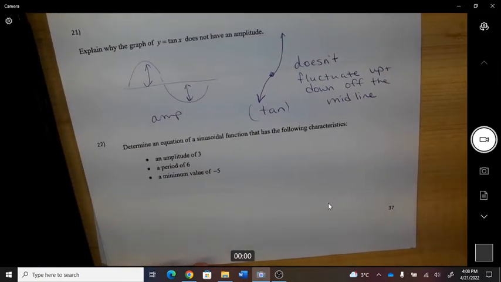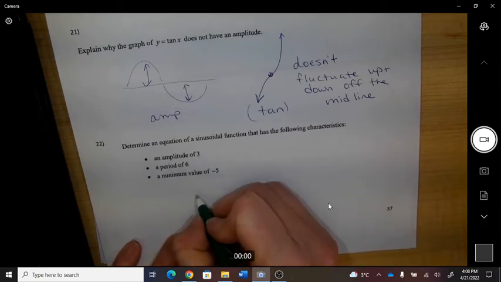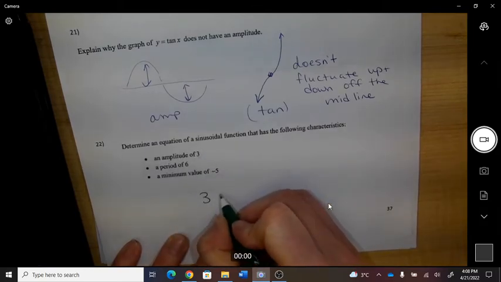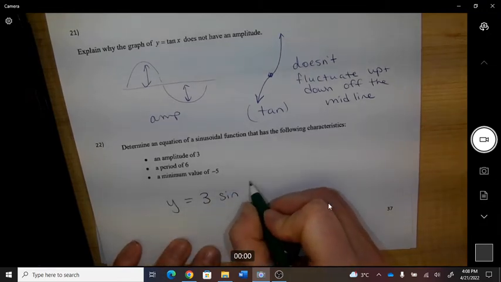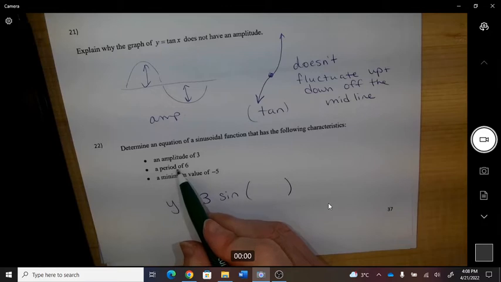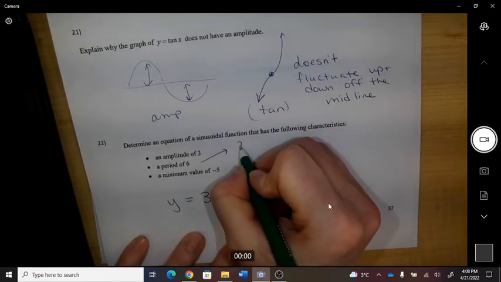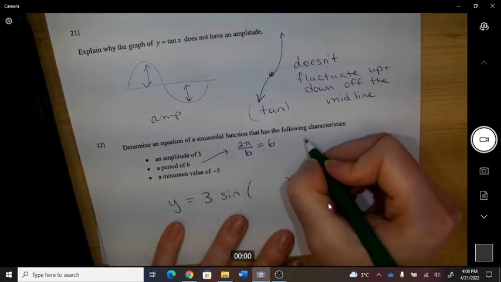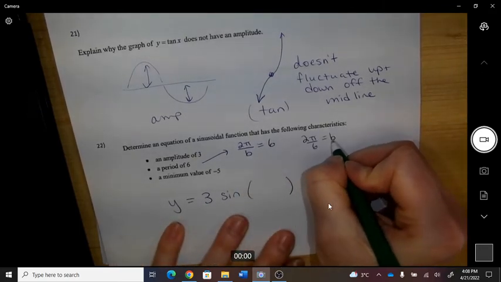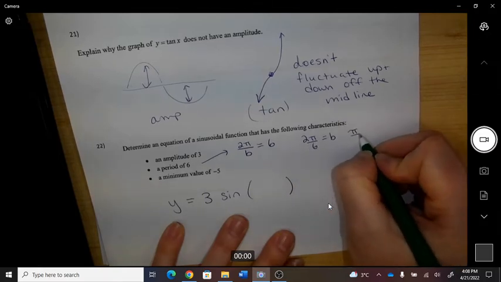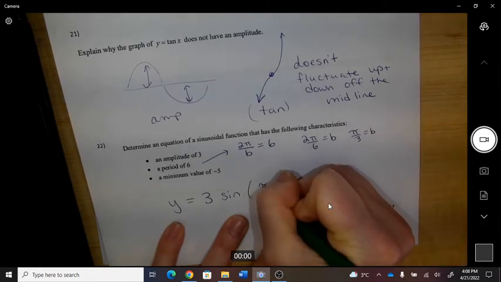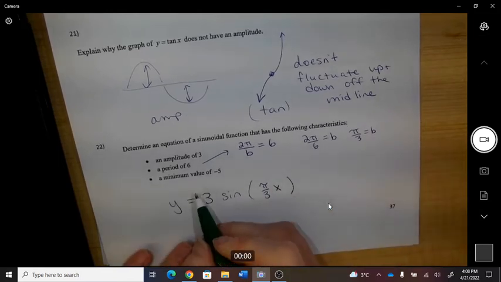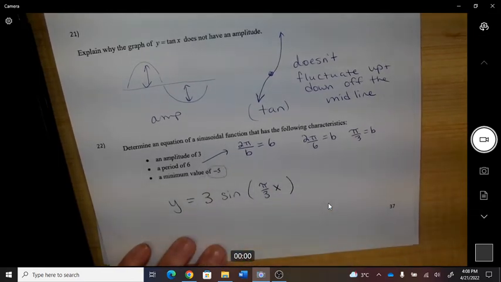Determine an equation with these, so an amplitude of 3, so we need 3 in the front, and it doesn't matter what we're picking here. Okay, so a period of 6 means 2 pi divided by some kind of b would have to give me 6, so I'm going to switch those, which reduces to pi over 3. Okay, I need a minimum of -5.